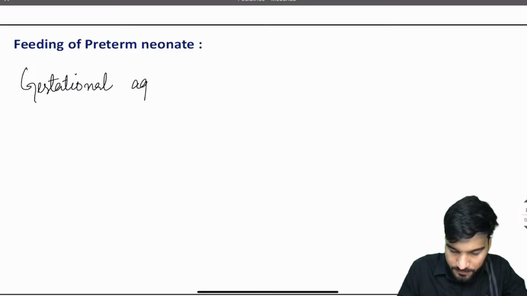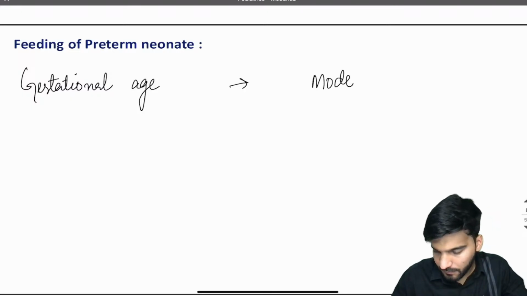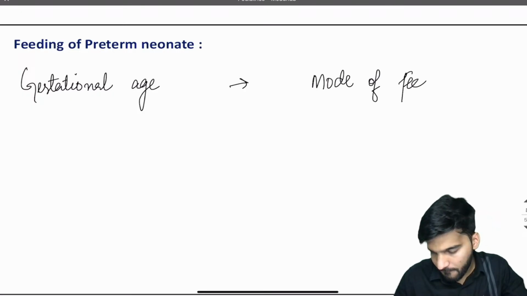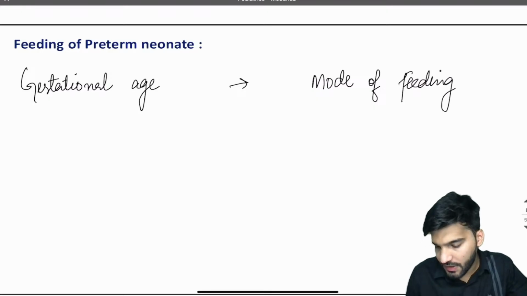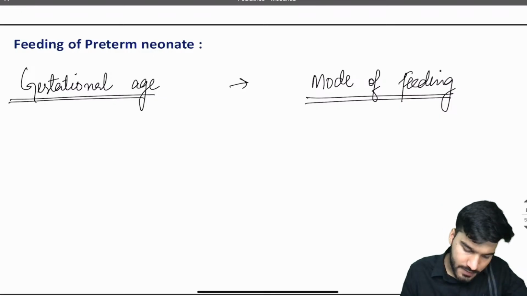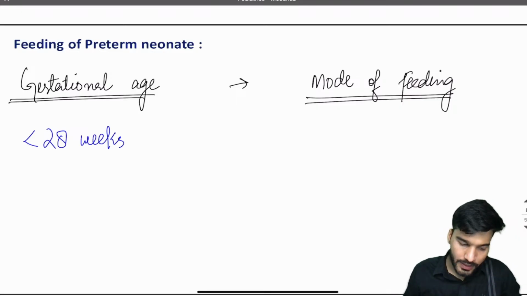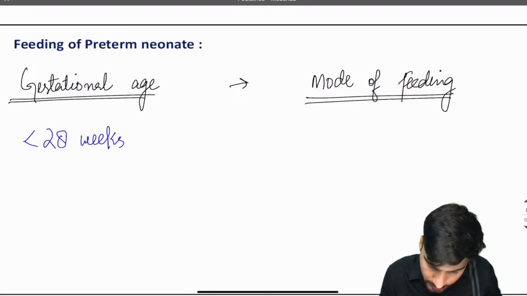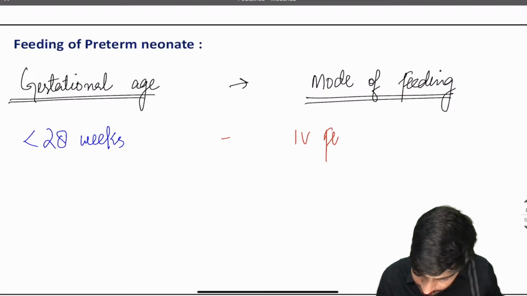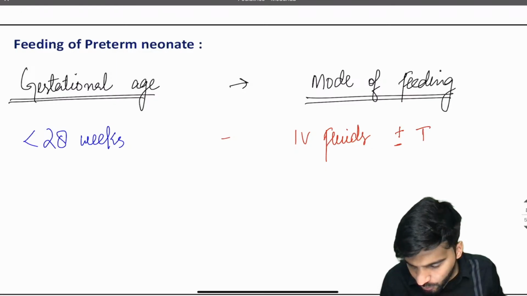Gestational age and mode of feeding. First, if it is less than 28 weeks, IV fluids only, plus or minus total parenteral nutrition, TPN.